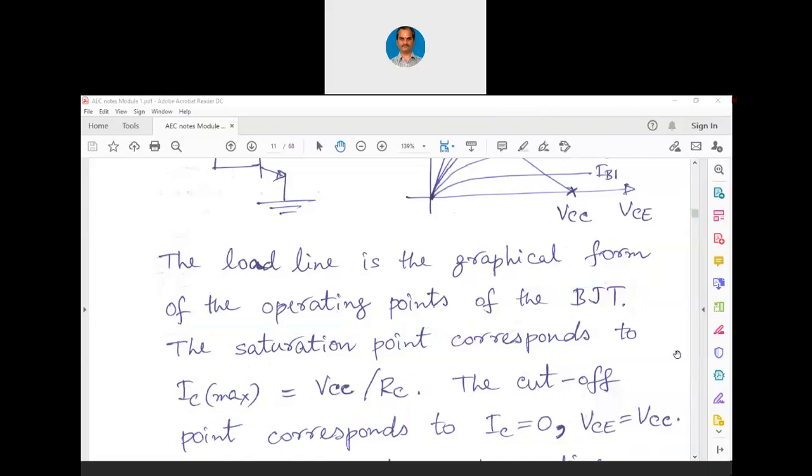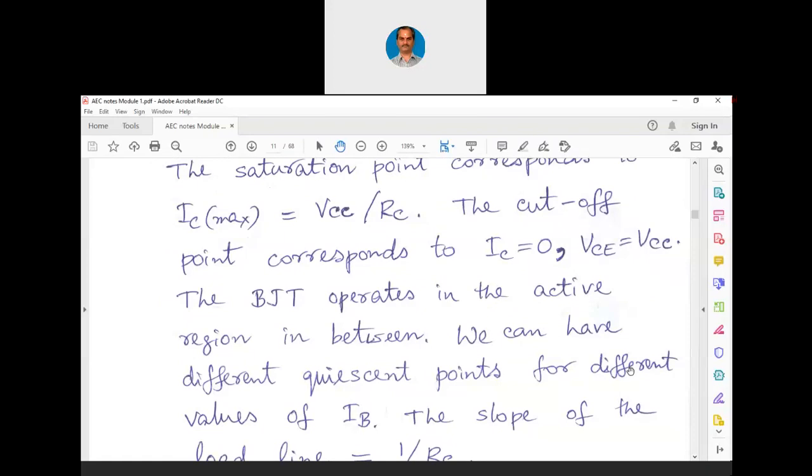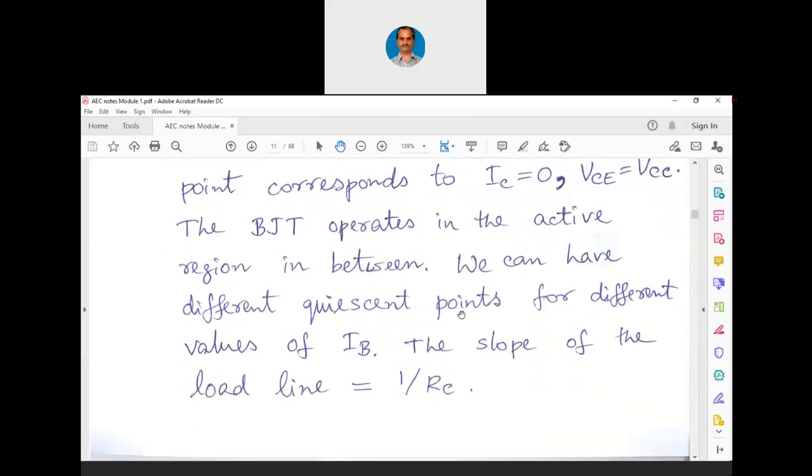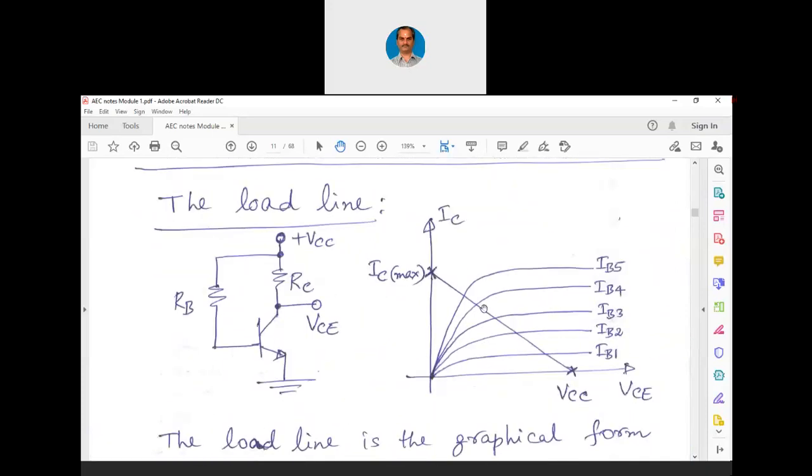So based on this, the BJT operates in the active region in between. We can have different quiescent points for different values of IB. I have already told you. The slope of the load line is 1 over RC. By default, the slope of the load line is 1 over RC. Why? Because IC max is nothing but VCC by RC.